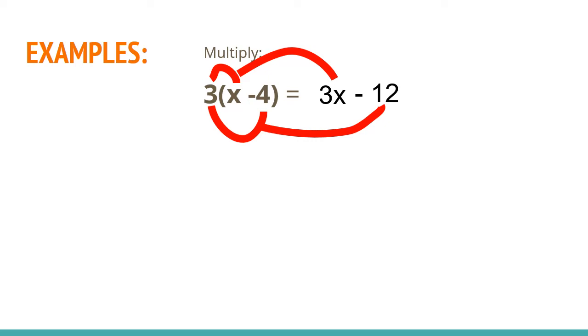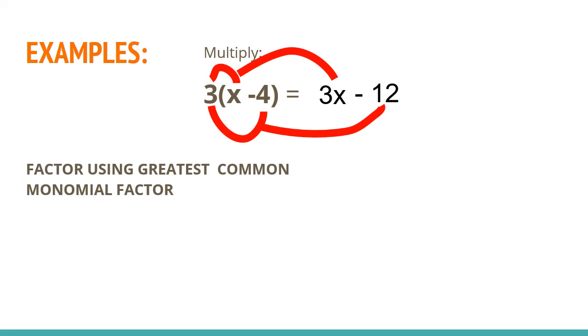Ngayon, simulan na natin yung ating factoring. Factor using greatest common monomial factor, ang given natin is 3x minus 12. Napansin ninyo, ito yung product natin dun sa ating activity kanina. Ngayon, ang hahanapin natin, ang aaralin natin is kung paano makukuha yung factors, kung paano lalabas yung 3 times quantity x minus 4 na nasa given natin sa taas.